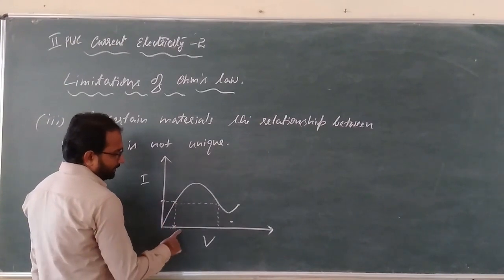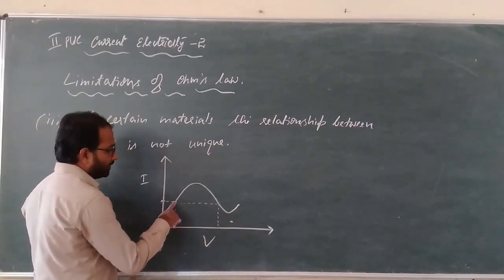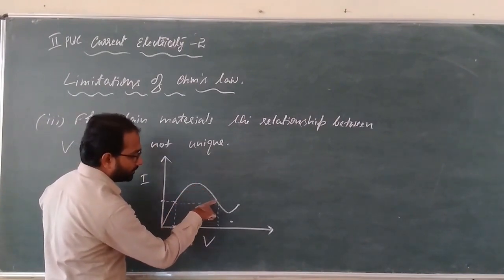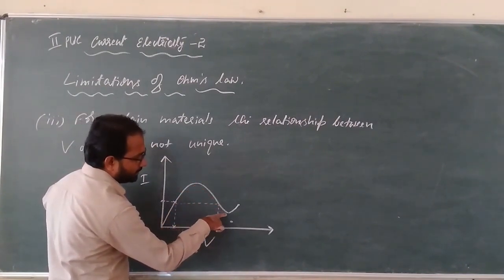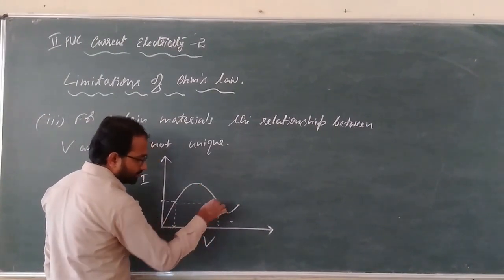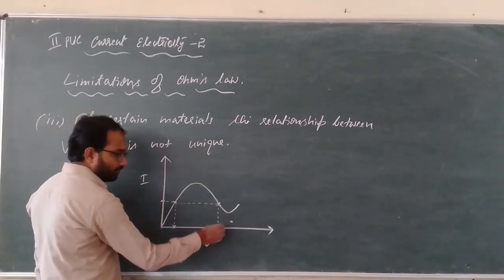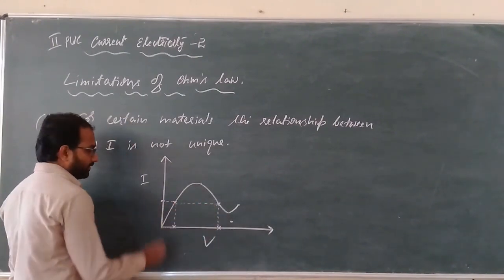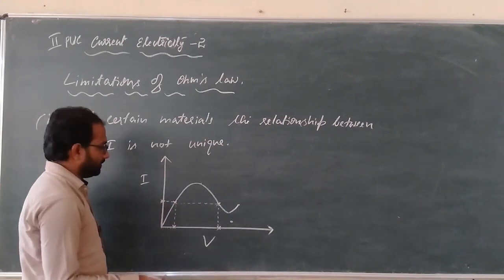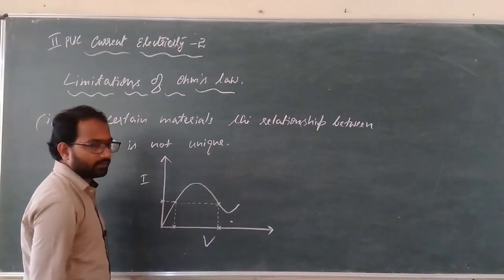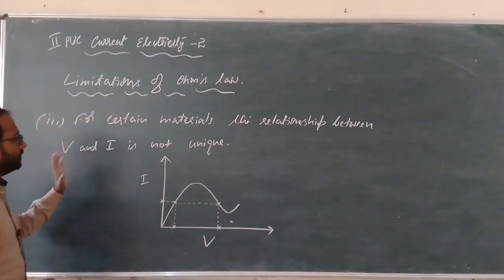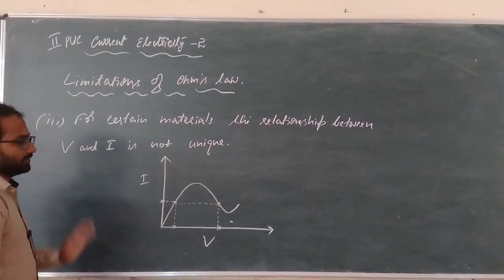Going on increasing the voltage beyond this value, the current reaches a maximum and starts to decrease, reaches a minimum and again increases. Again the current reaches this particular value for another value of voltage. So for a given value of current, there exists more than one value of voltage. Therefore the relationship between V and I is not unique for certain materials.